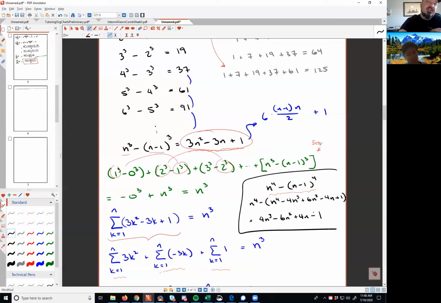Okay, so differences between 4th powers give you 3rd powers, 2nd powers, 1st powers, and 0 powers. And if you make a summation out of those, well, you already have a formula for everything after the cubes. What does that mean that you're going to get?